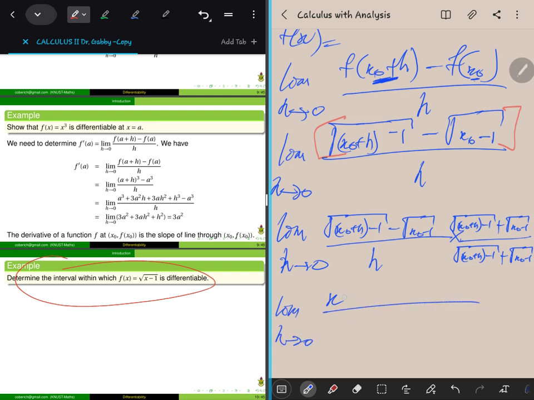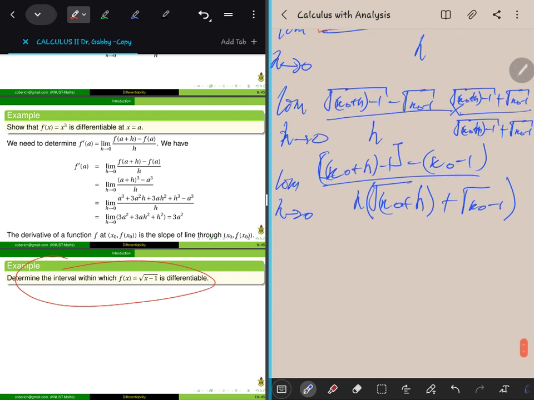The top will be x naught plus h, minus 1, and then we'll have this one, x naught minus 1. And then this side will be just h times the whole thing, right? H here, and then plus the square root of x naught minus 1.